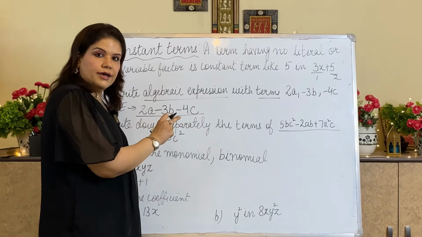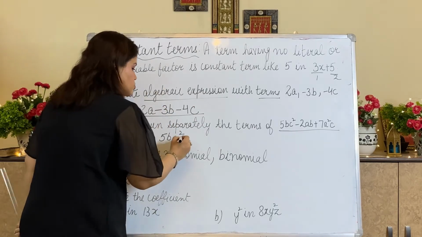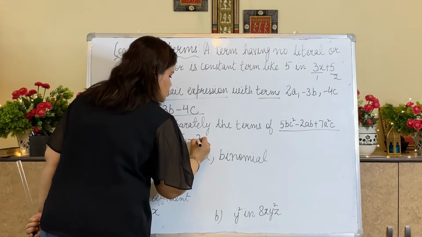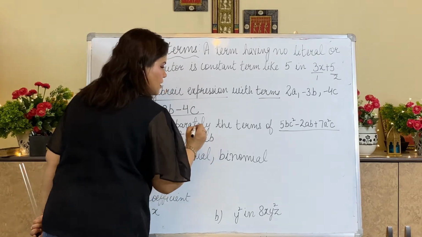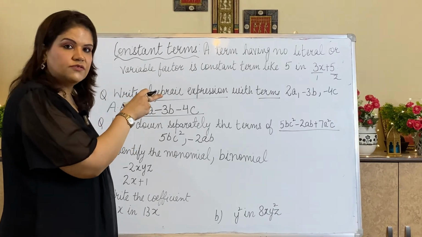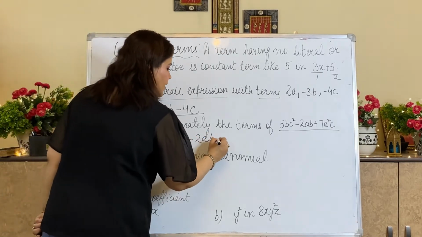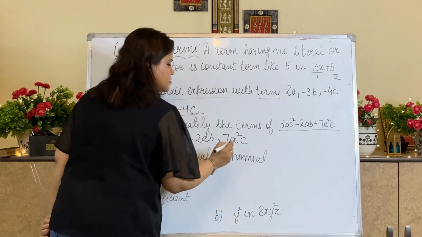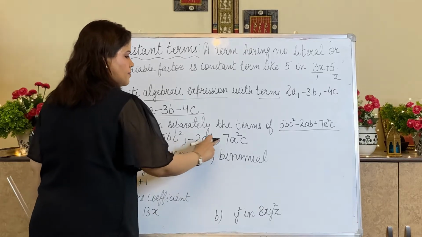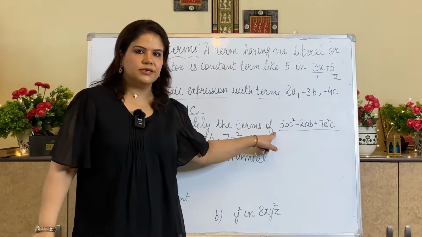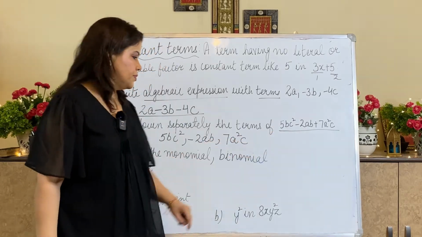The second term has a minus sign, so I will write a comma, then the second term, minus 2ab. The third term again has a positive sign, so I will write it without sign, 7a square c. So these are my three terms which were connected to make this algebraic expression.